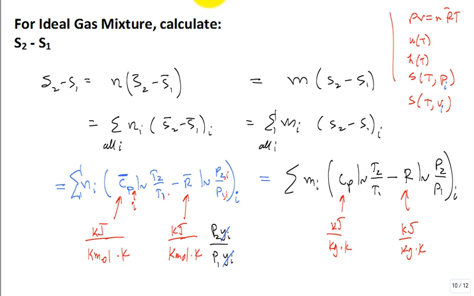How did I go between R and R bar? Using cap M, the molar mass. True? So if I have R bar, do I multiply or divide by cap M to get R? Look good? Now, how do I go between C sub P bar and C sub P?